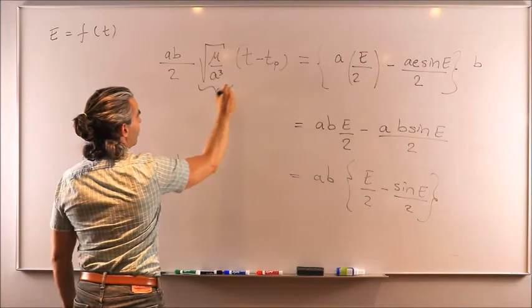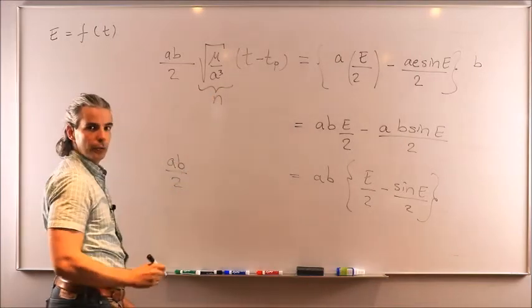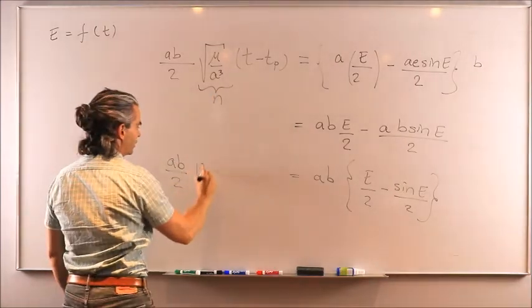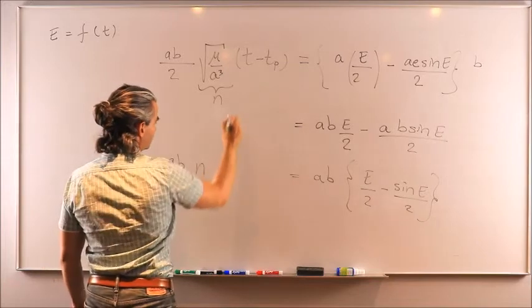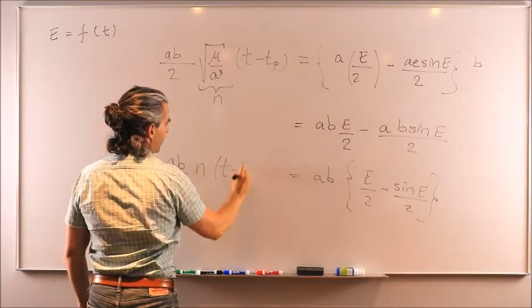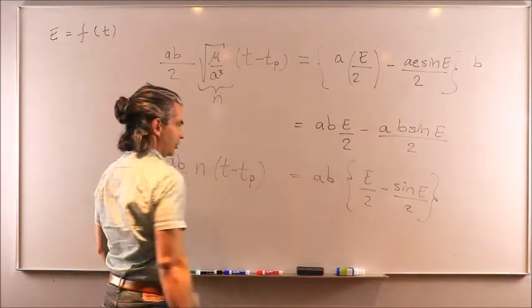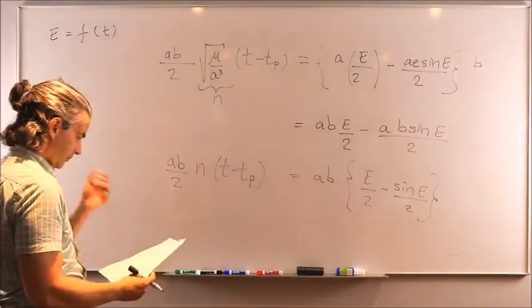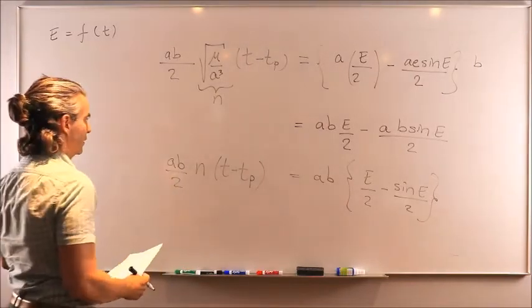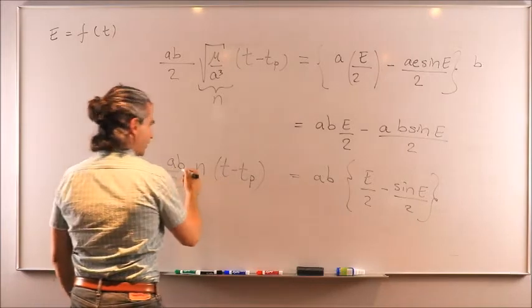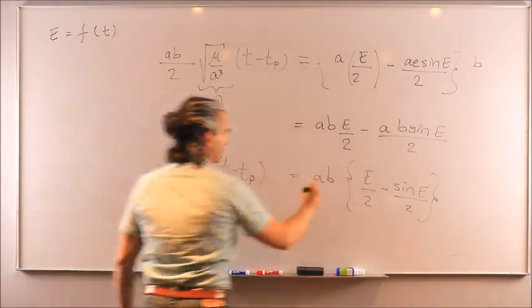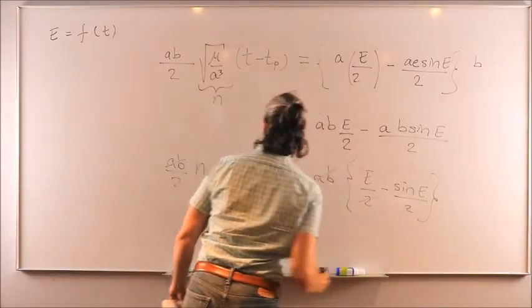This guy here, hopefully remember that this is the mean orbital motion, or n, which is a constant, times the time since perigee passage. And obviously you can cancel the AB over 2 on both sides of that equation.